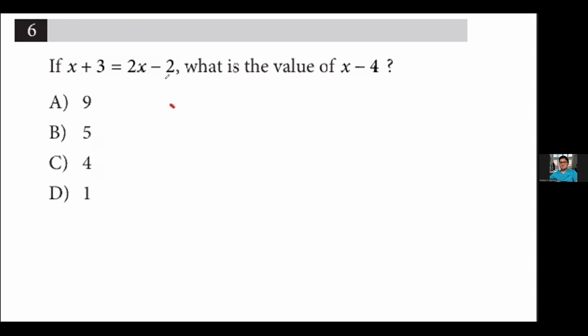Well, we have x plus 3 equals 2x minus 2. So we just subtract x from both sides. So it's minus x.